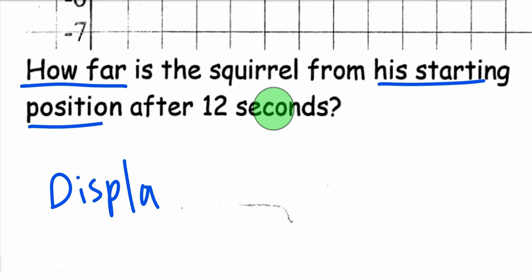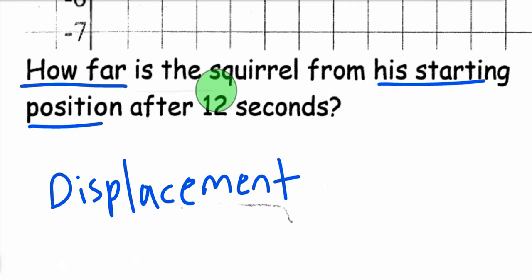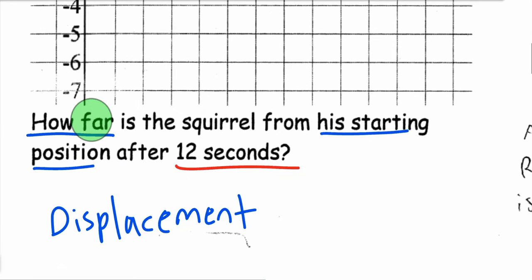Now, if we were talking about total distance traveled, we would have to use different methods to solve that. However, how far is he from the starting point after 12 seconds is a displacement question, and if you integrate velocity, you get displacement.